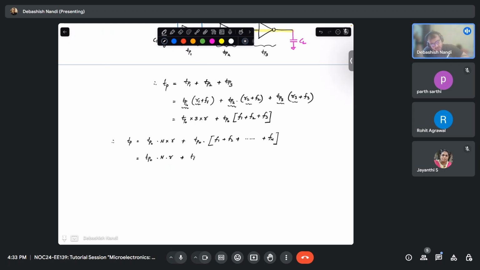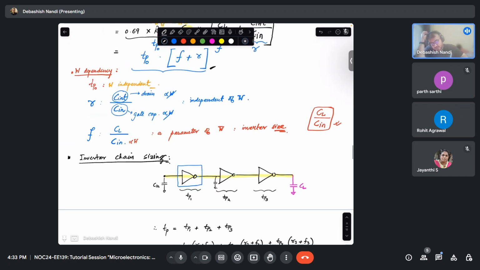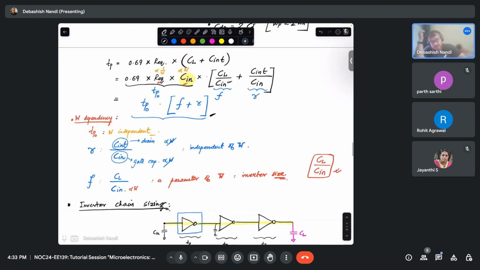I need to minimize this with respect to something, that is the sizing. By the way, what is my F1? F1 is your load by C in, right?